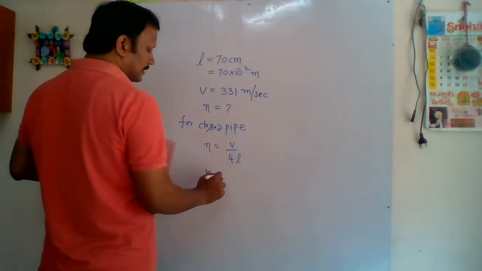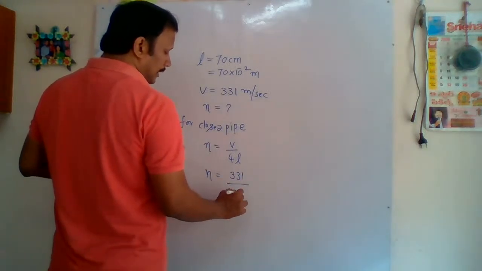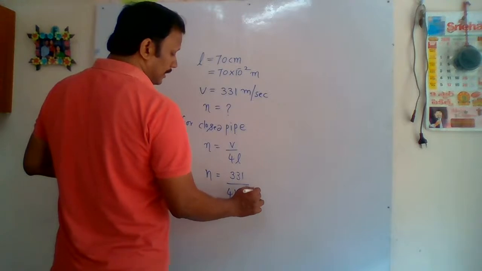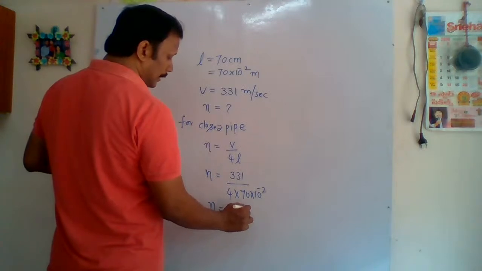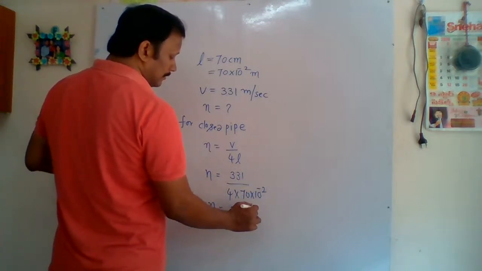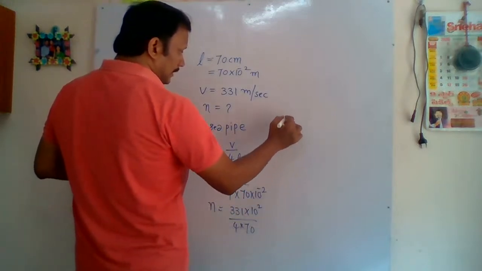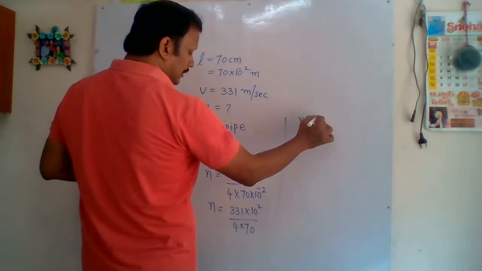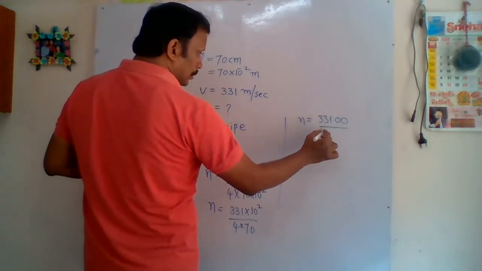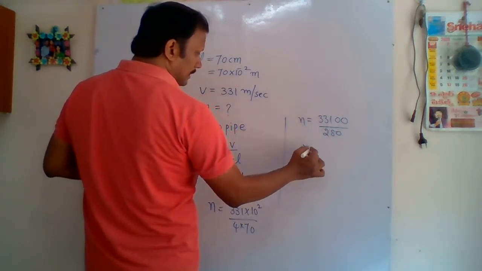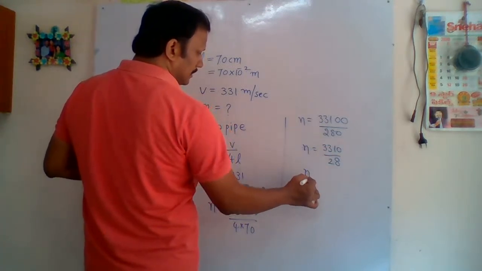Just substitute: n is equal to 331 by 4 into 70 into 10 power minus 2. Simplify: 331 into 10 square by 4 into 70, therefore n is equal to 331,000 by 28, therefore n is equal to 3310 by 28. Simplify and tell me, what is the answer?